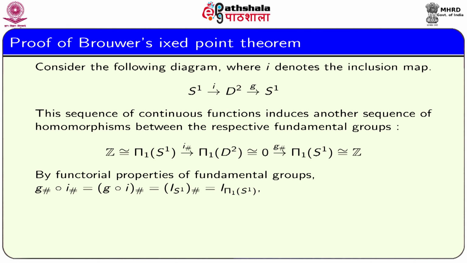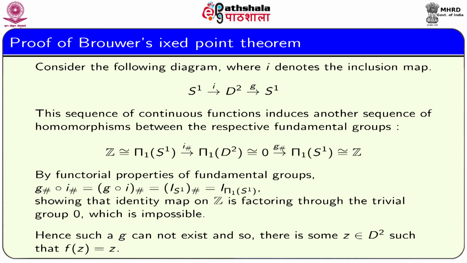By functorial properties of fundamental groups, g sharp composed with i sharp is equal to (g composed with i) sharp, which is equal to the identity function on S1 sharp, but that is again by the other functorial property the identity on pi 1 S1, showing that the identity map on Z is factoring through the trivial group 0, which is impossible.